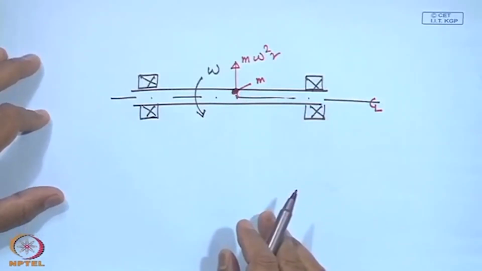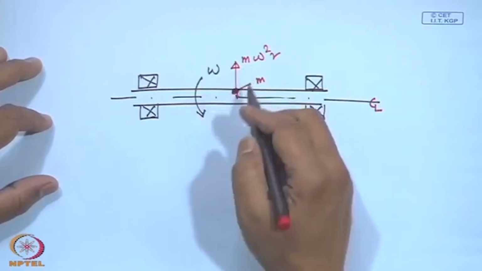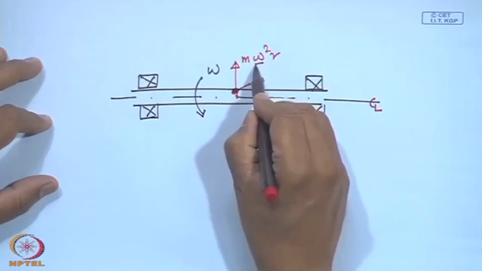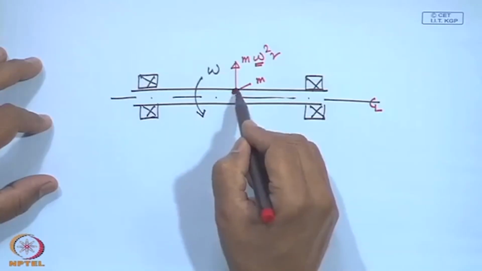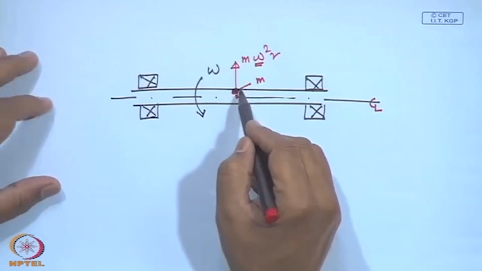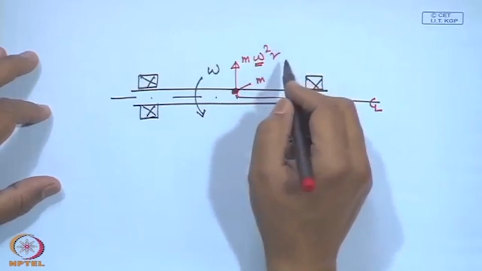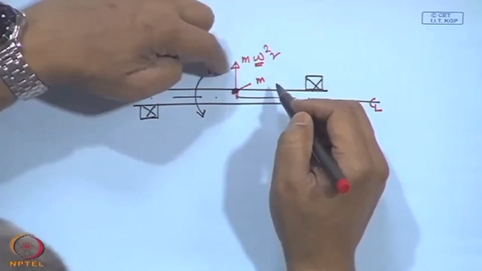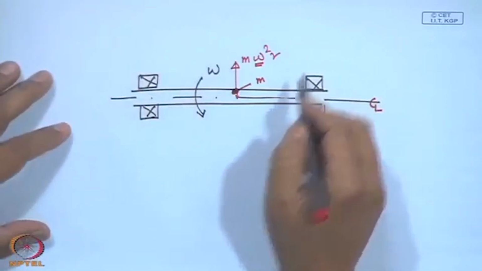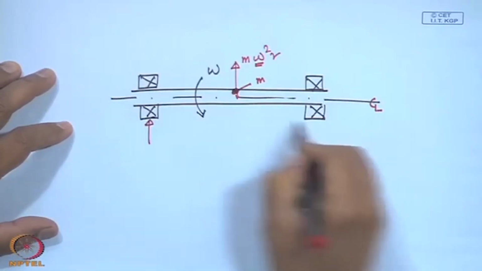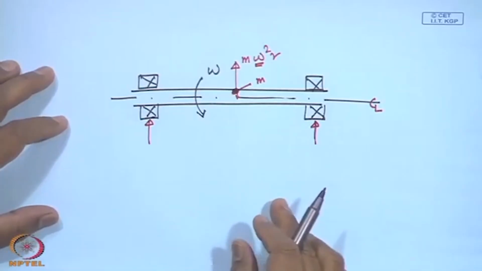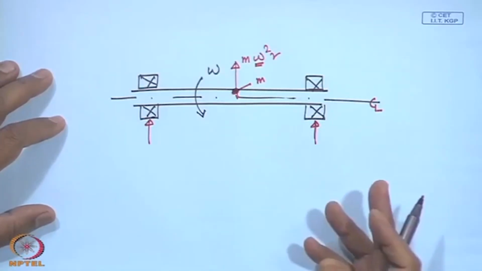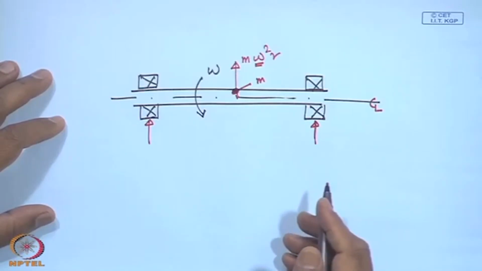And this force is going to be radial in nature, a function of the speed, and a function of the distance of the unbalanced location from the center of axis. Because of this extra force which is coming onto the system, the rotor or the shaft in this case, there will be extra reaction forces, or in effect the bearings are subjected to forces much more than what they were initially designed and selected for.